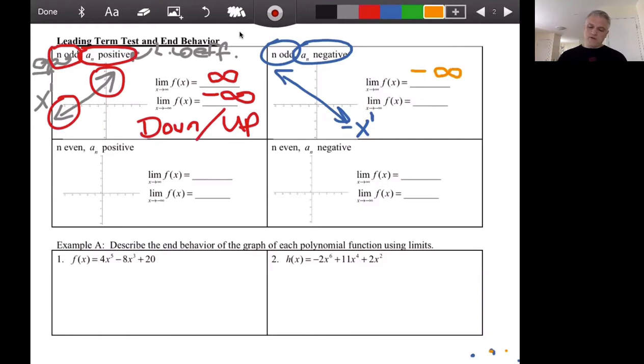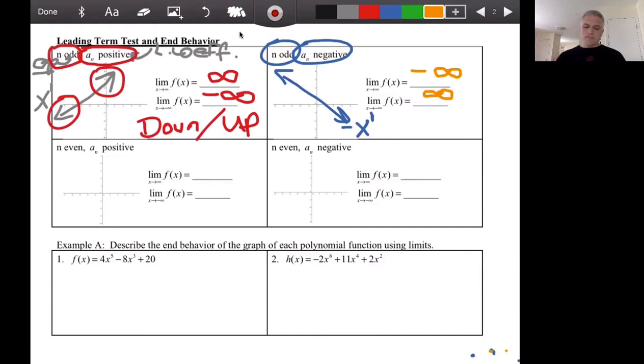The limit of f of x, or where is y going, as x approaches negative infinity. So as x goes to the left, near the end of your graph, this one's going up. Up indicates that my limit is positive, or regular, infinity.